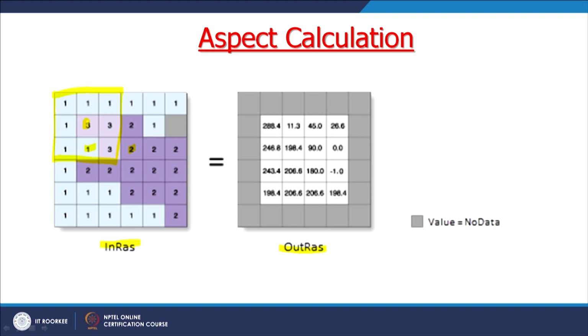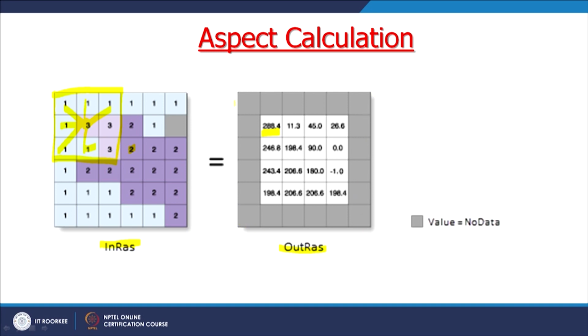So, with reference to this, this and this all have lower values than this. That means for this cell the slope goes like this, and the aspect has a very high value, quite in the northwest direction, as you can also see here.